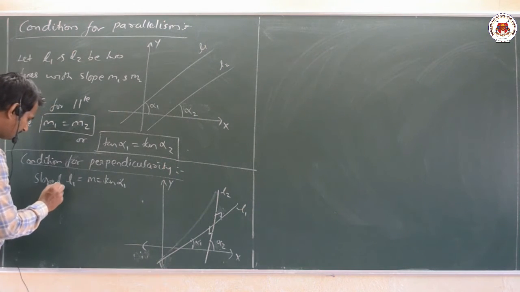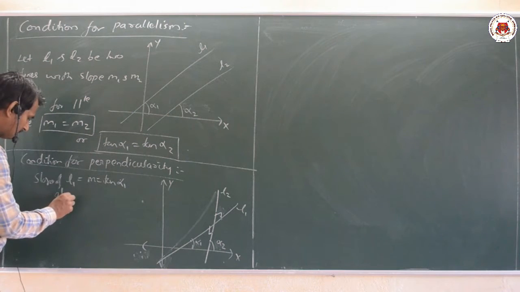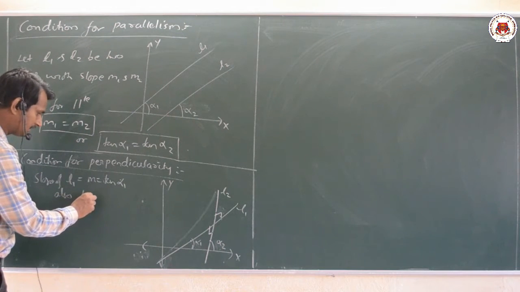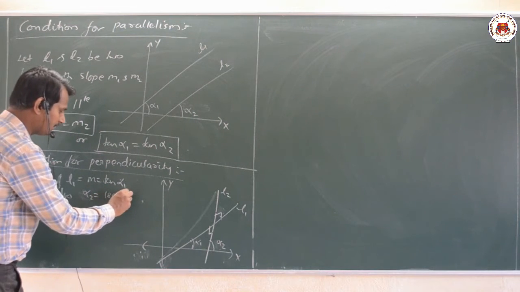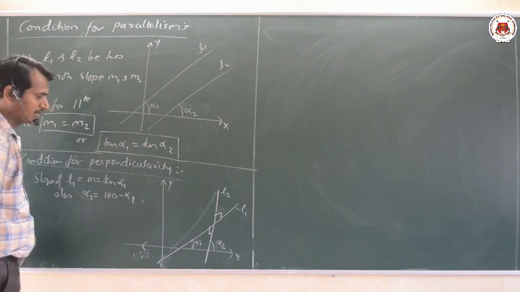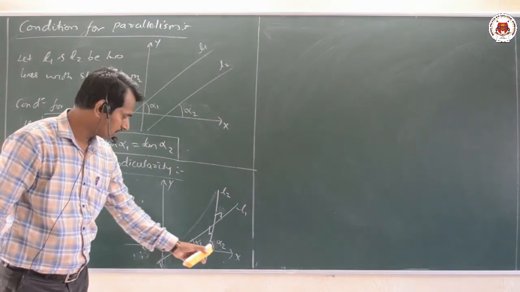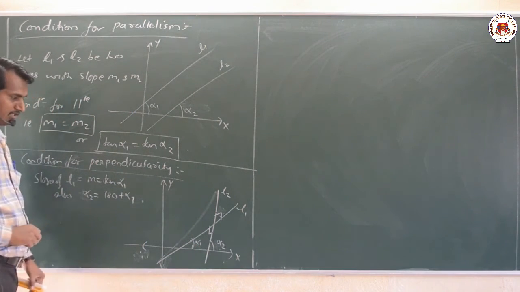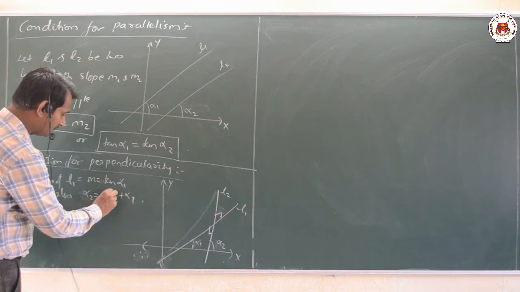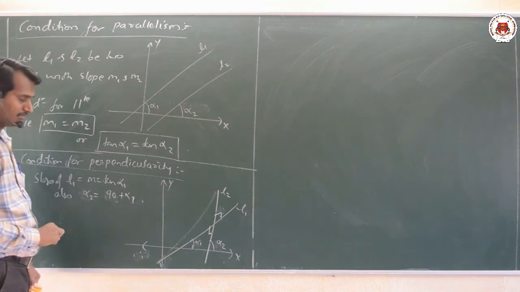Similarly, alpha 2 is equal to 180 minus alpha 1, that is, the exterior angle is equal to the sum of the interior opposite angles, so it is 90 plus alpha.